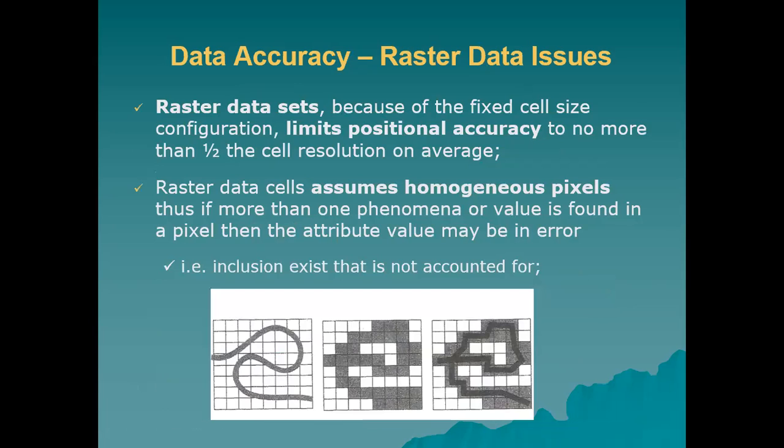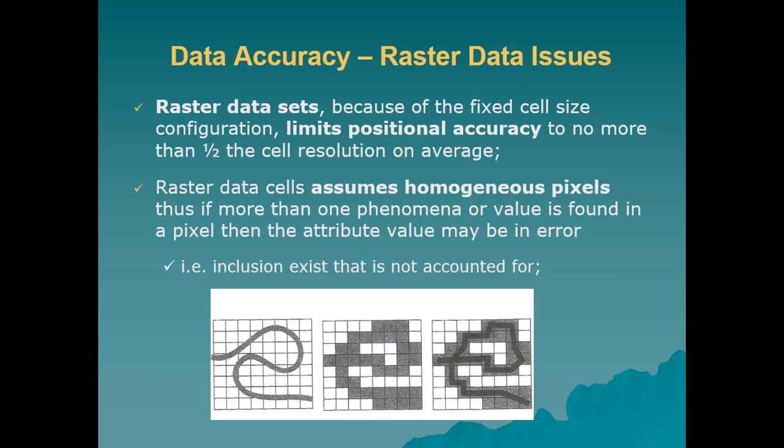So let's talk about data accuracy now from the perspective of our raster data. Now remember, we have our vector data and we have our raster data. We've talked a lot about issues concerning accuracy with vector data in terms of the map data and the attribute data. Let's have a look at what kinds of issues we deal with from the raster data.